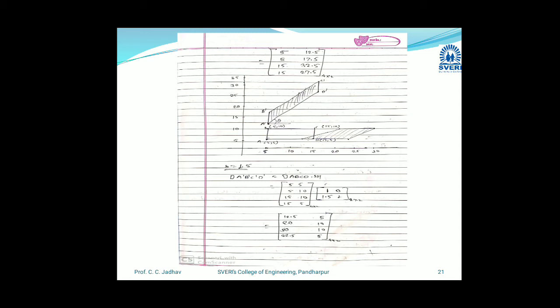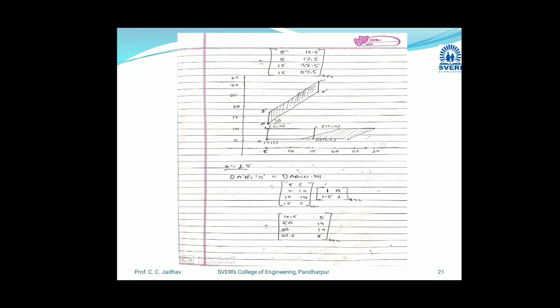Then we draw the square sheared in y direction, obtained by square A dash B dash C dash D dash equal to square ABCD into SH, which we already got: 5, 12.5, then 5, 17.5, then 15, 32.5 and 15, 27.5. You can see the original square, and this other square is our shear in y direction.